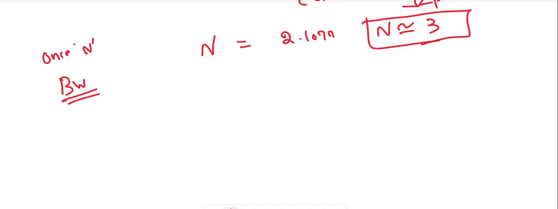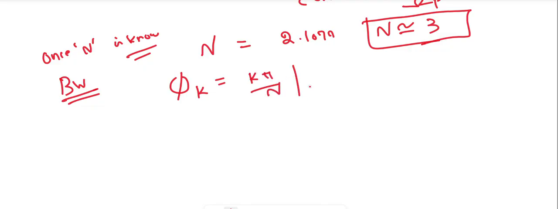Determination of Butterworth poles: n is odd or even. Determination of the angle of the poles: phi k is equal to k pi by n if n is odd, where k is equal to 0, 1, 2, up to n minus 1.